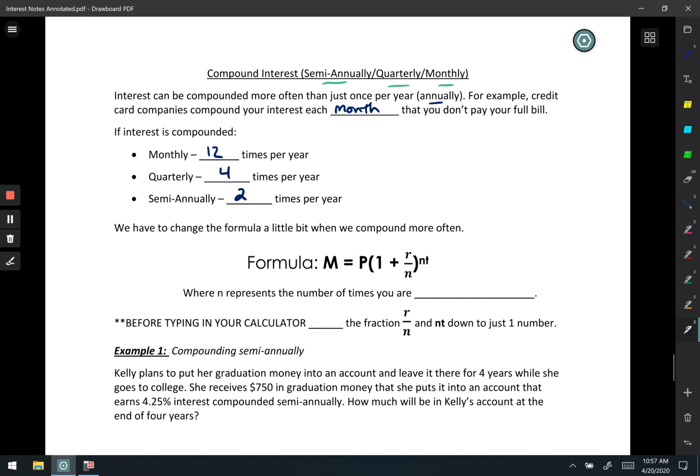When we compound more often, we have to change our formula. So what you're going to see is our new formula for compounding differently than annual. Okay, a couple of things. R still represents the rate. P still represents the principal.